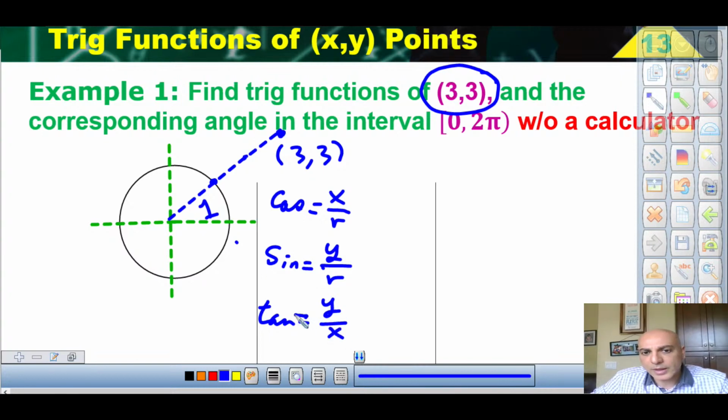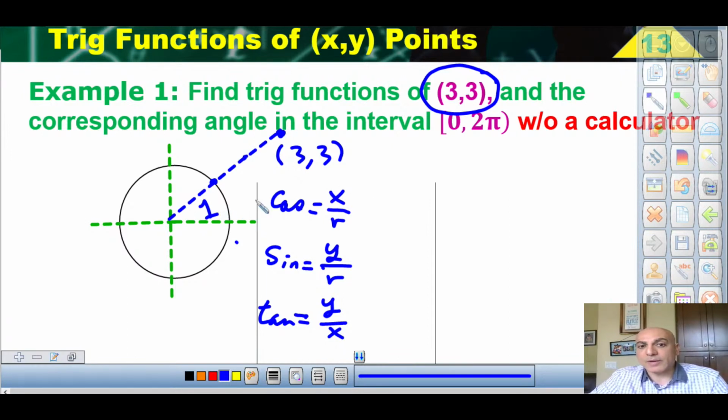Remember, we are trying to get the trig functions, cosine, sine, and tangent, for a point that is outside the unit circle. We're no longer bound by the unit circle radius of 1. So the question now becomes, how do you find this radius? Well, you use the Pythagorean theorem for that.